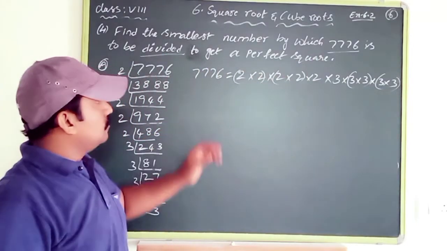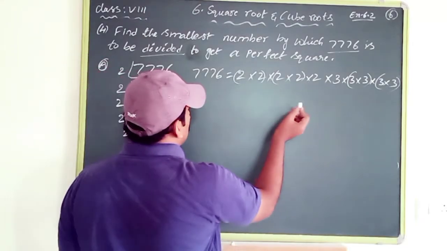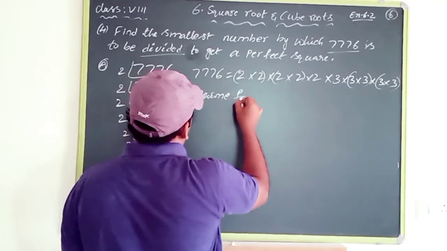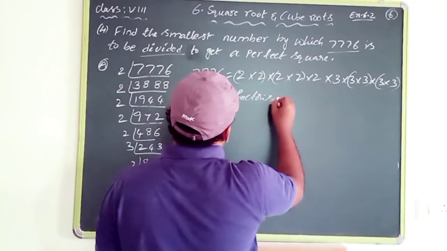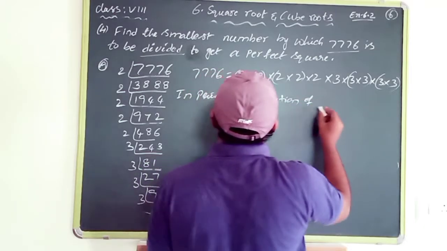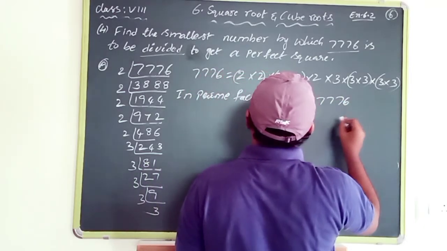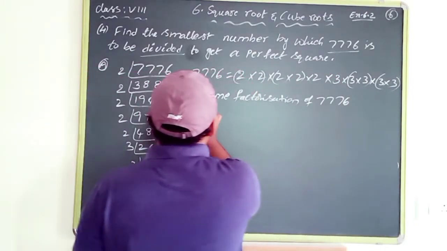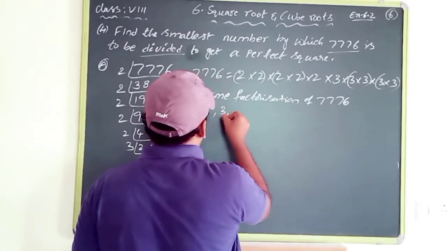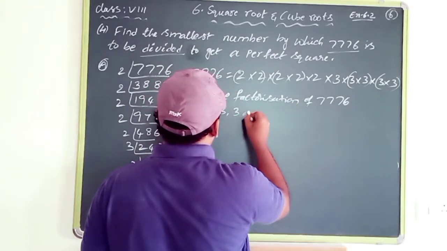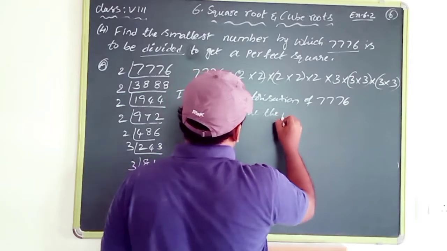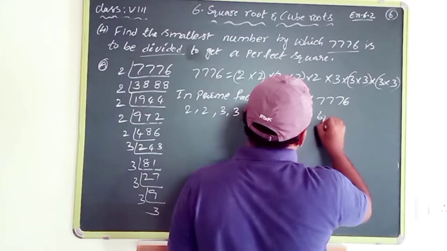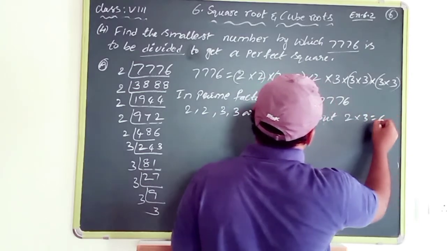So what is that? We should write here the prime factorization of 7776. The 2, 2, 3, 3 are the pairs, but 2 into 3 equal to 6 is alone.